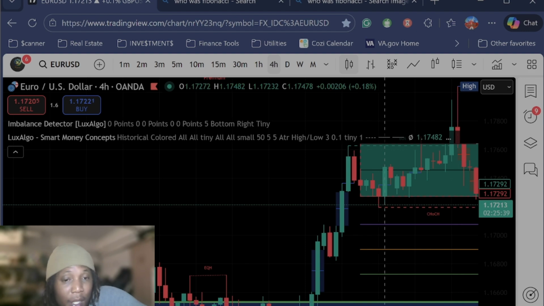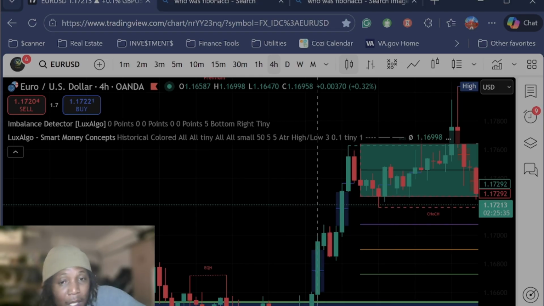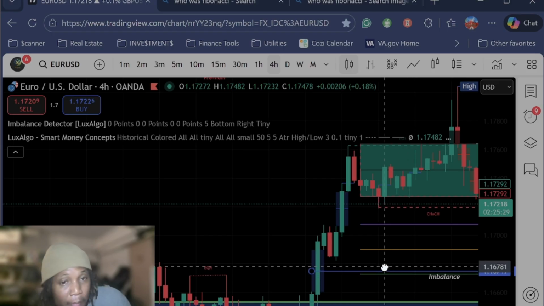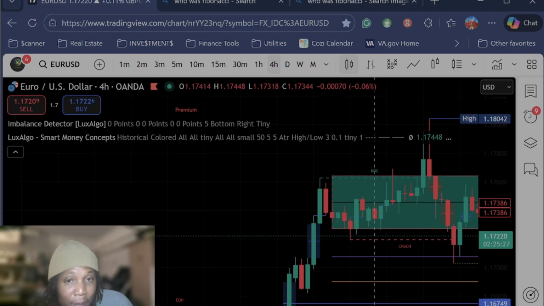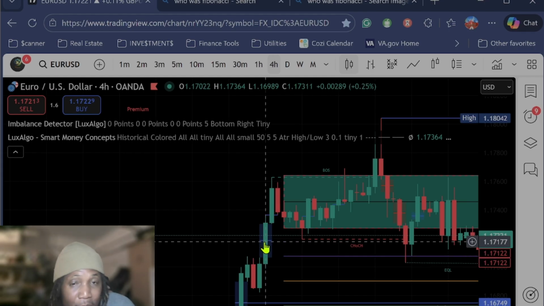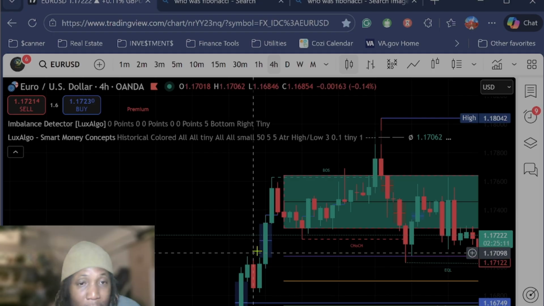So I put a line right there, and then I'm going to look for my imbalances. I put it right there. That's one imbalance. I see another one on my chart. Okay, that's another imbalance right there. Those are key areas. This one, price already came and tapped it. So if you were up here, once you got the confirmation that price wanted to go down, you could have gone in for a sell and set your target at this imbalance.